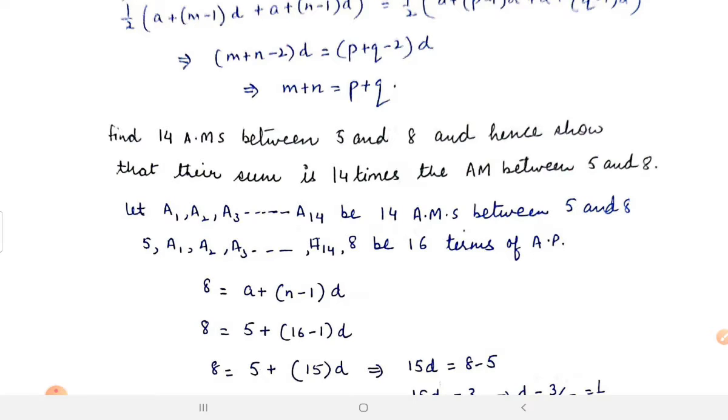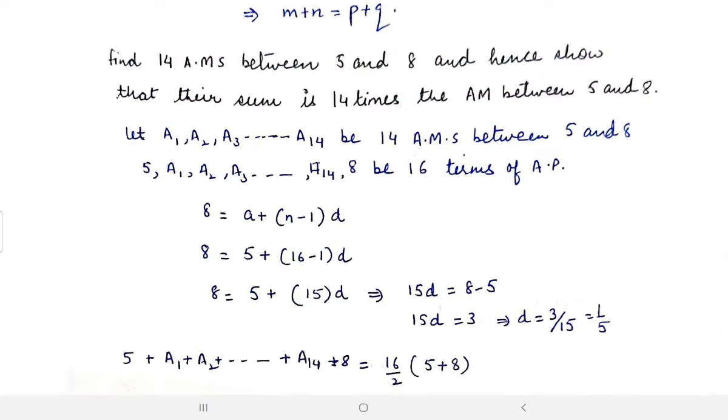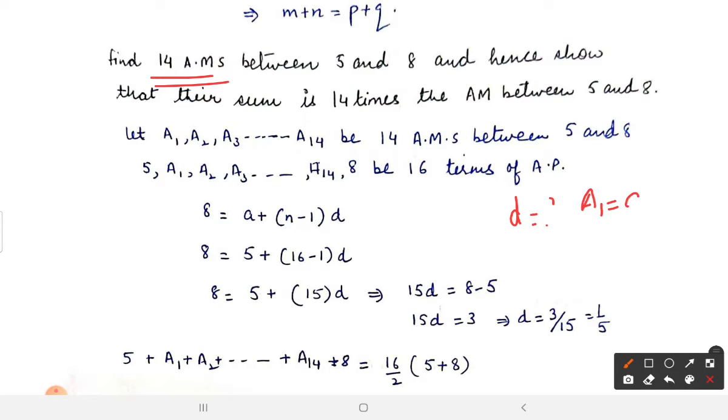As we did earlier in the previous video, to find 14 AMs between 5 and 8, we need to find the value of d, such that a1 is a plus d, and a2 is a plus 2d. So we need to find this common difference. How will we find this? Let a1, a2, a3 up to a14 be the 14 AMs between the two numbers.